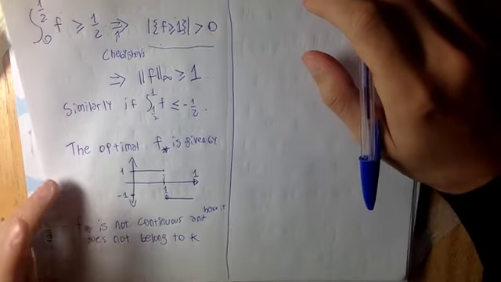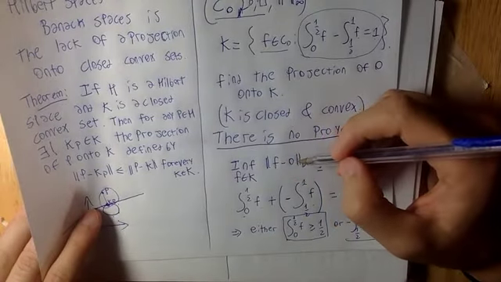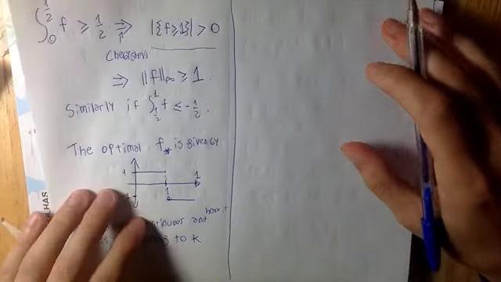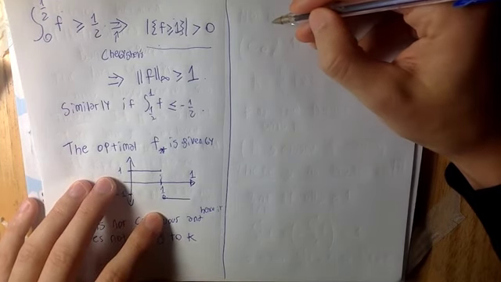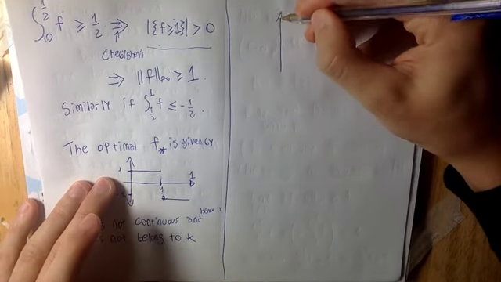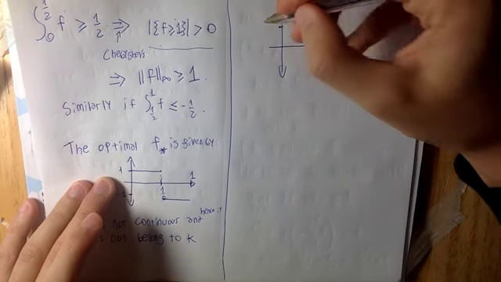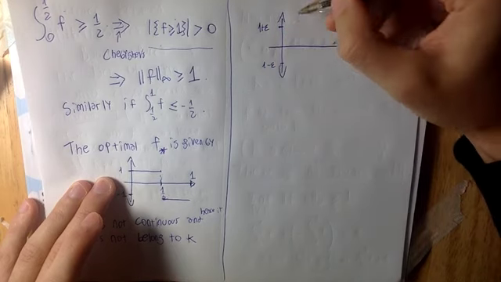So that's actually the way of showing this infimum. We just showed that the infimum of ||f - 0|| with f in K is bigger or equal than 1. To show that the infimum is equal to 1, we would take a sequence of functions, which would be 1 plus epsilon, and here 1 minus epsilon.